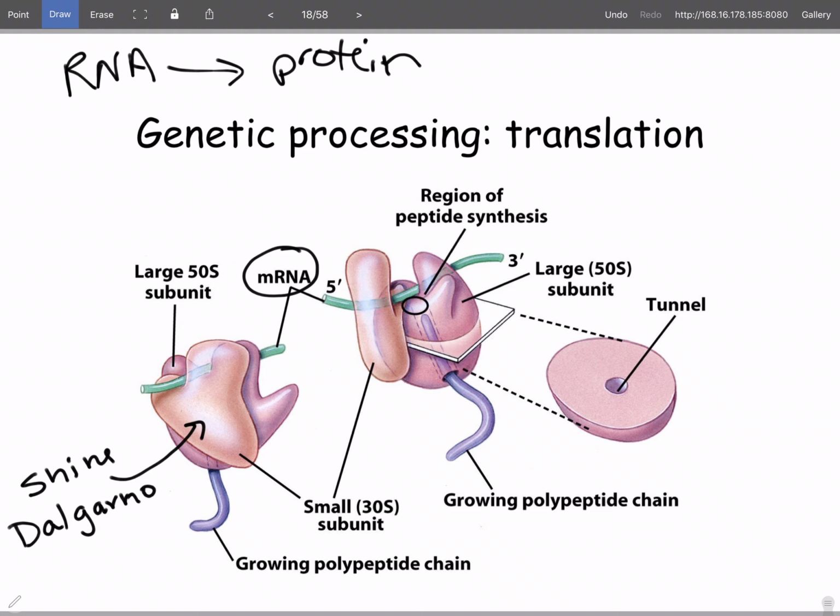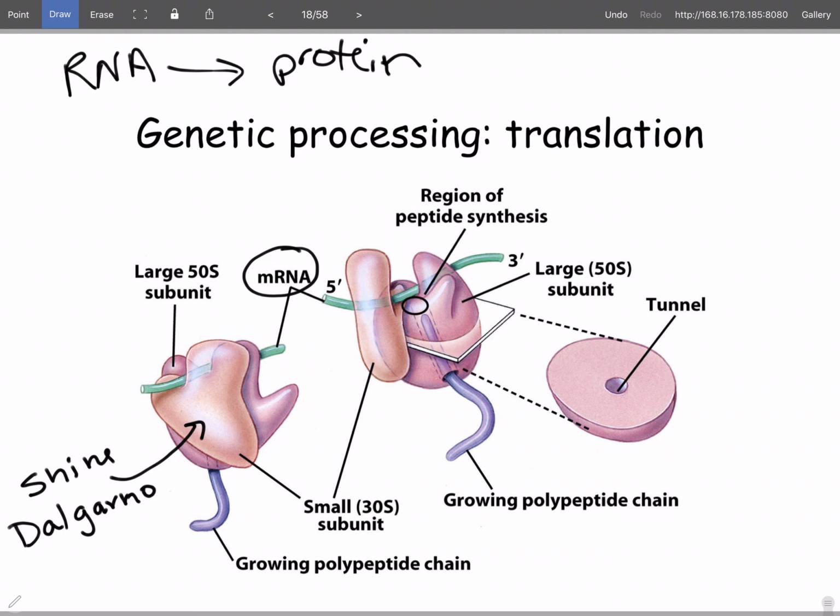Okay? And so that's where the ribosome will bind, and then it'll start sliding down the transcript until it gets to the start site of translation. Okay, and you guys know what the start site is?